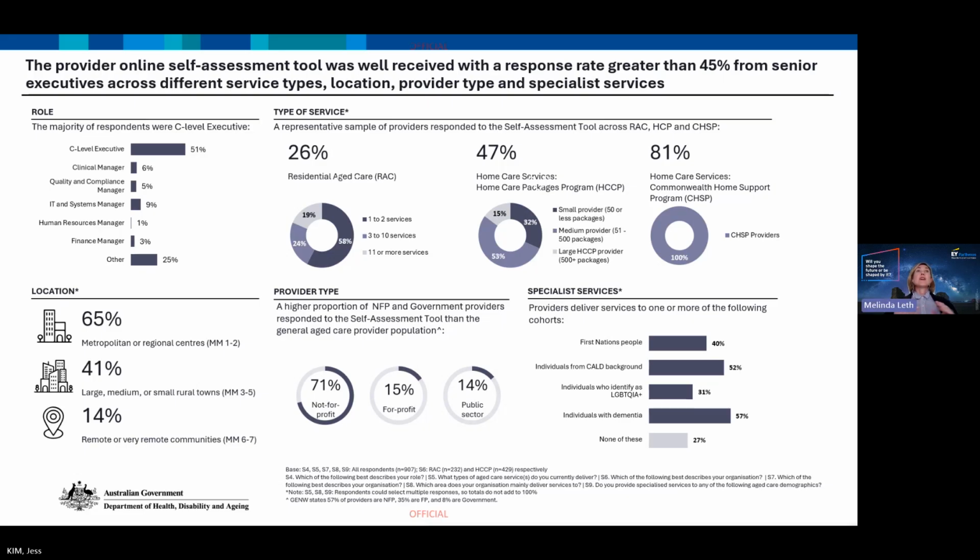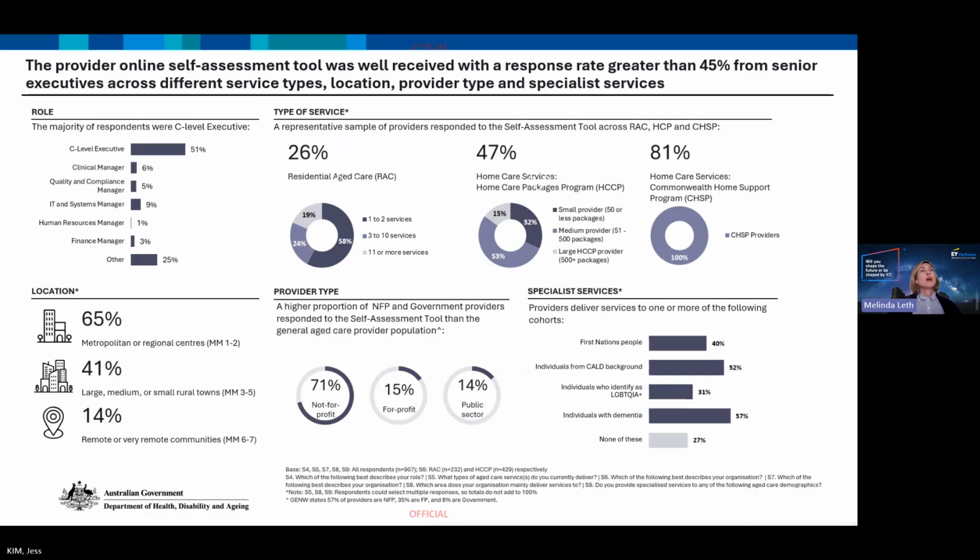You can see there that when I talk about market segments, we've broken down those RAC, home care and CHSP into further submarkets. So for residential aged care, we have analysed results comparing those who have got 1 to 2 services, 3 to 10 services, and 11 or more services.